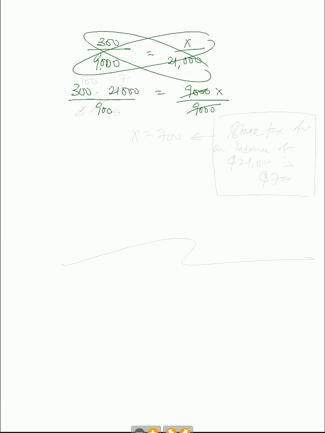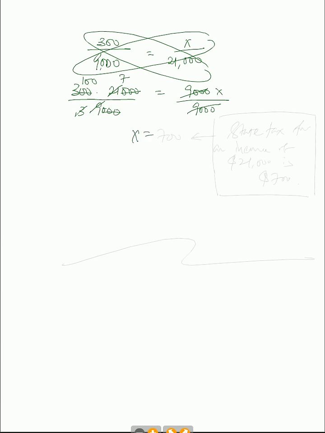But I just wanted to show you that I could do this without using a calculator, and this is how I would do it. I'll cross out the zeros. That's a 9,000 right there, so I'll cross out these zeros with those zeros. That's coming to 21 right there, and the 300. So the 9 and the 21 reduce to 7 and 3. I'm dividing by 3, and this reduces to 100.